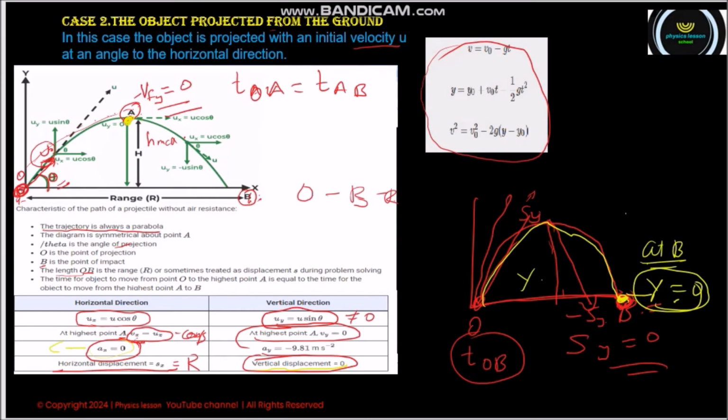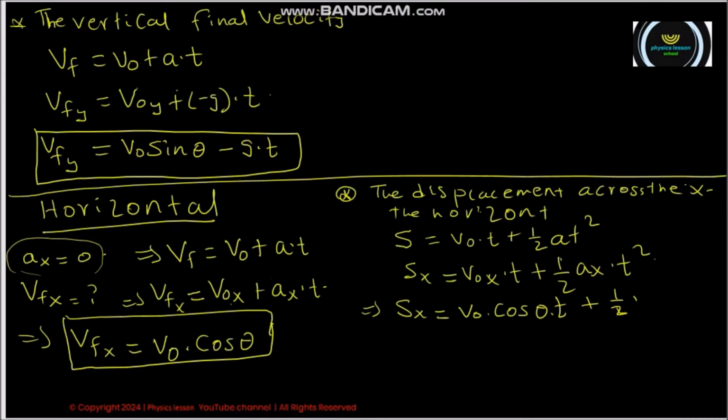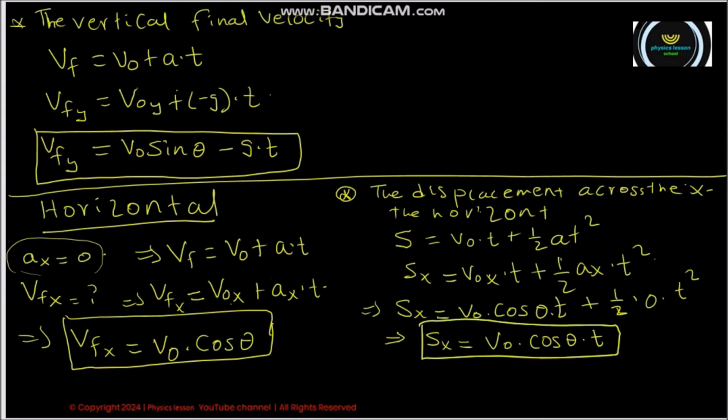Now 0 times t squared. This implies the displacement across the x is equal to v naught cos theta times time, or this can be written simply as x is equal to v naught cos theta times t.